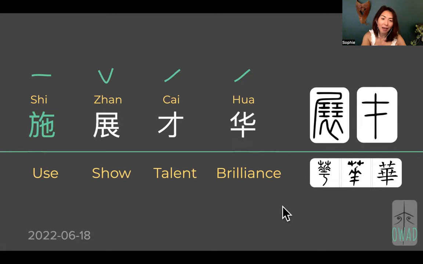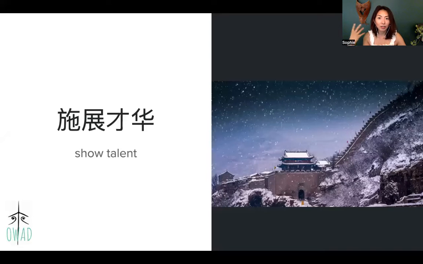So we have some big characters in this phrase. 施展才华 simply means you got the opportunity to show your talent. And here I'm using a picture of a segment of the Great Wall, because the Great Wall is a kind of symbol of China. It's one ancient construction that's still existing today.